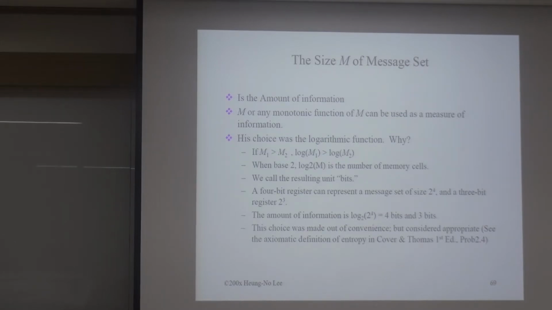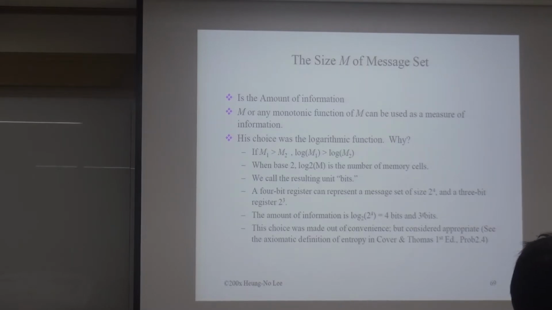If you have 4 of them, then you could represent 2 to the power of 4, which is 16 messages. Applying base 2 logarithm, log 2 of 2 to the power of 4 is 4 bits. And that is what we call the amount of information. So 4 bits for a 4-bit register, 3 bits for a 3-bit register.